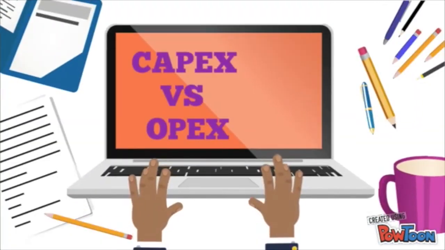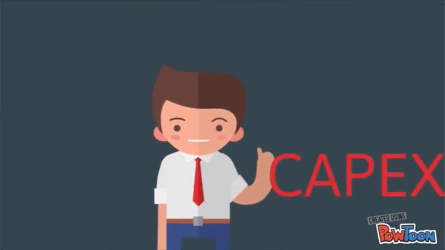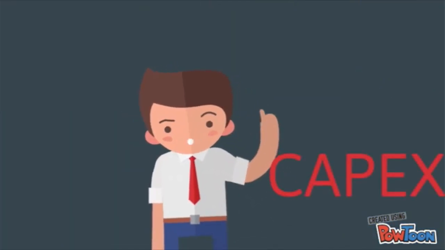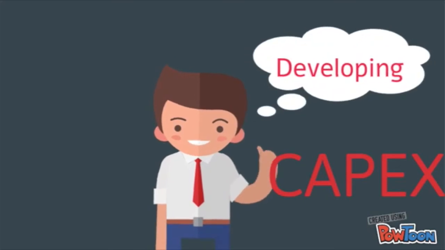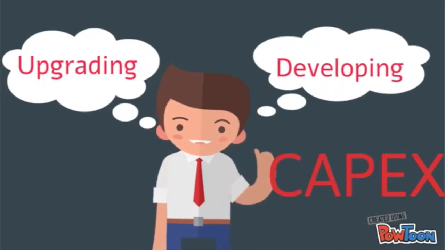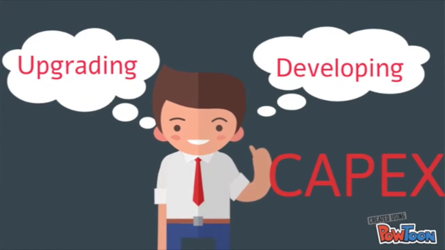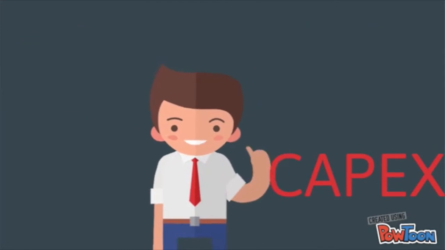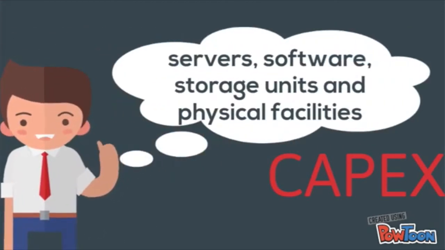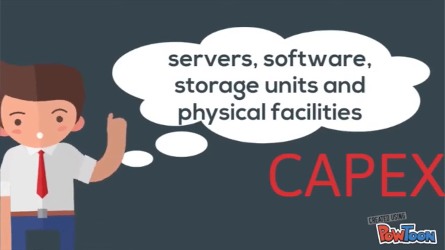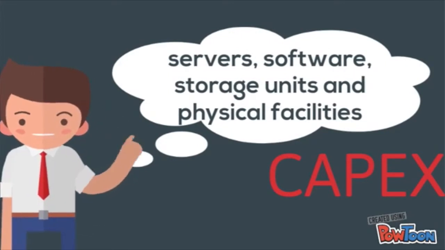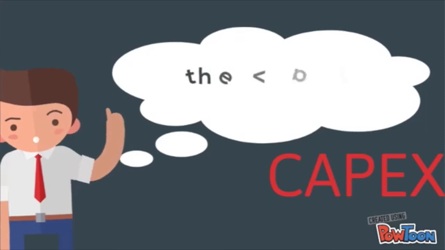Now, let's talk about CAPEX versus OPEX in technology advancement. CAPEX, or capital expenditure, in technology advancement refers to business expense incurred by the company for creating future benefit in technology by upgrading or developing their own servers, software, storage units and physical facilities so that the value of the assets increases.